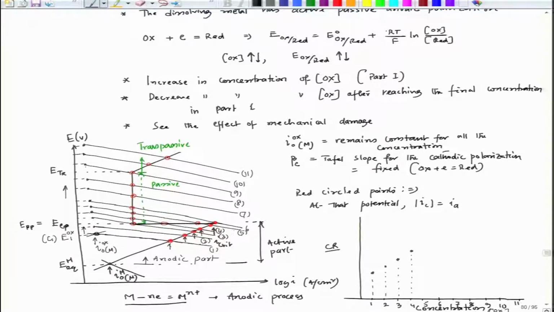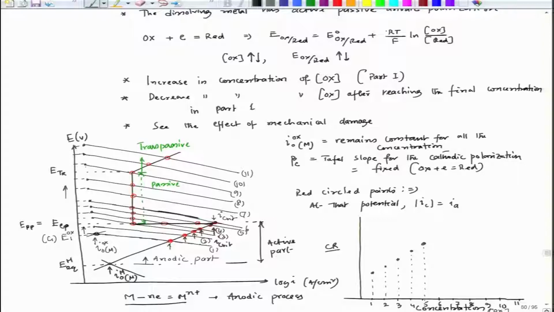So, 4 is this one, then 5 is this one. 5 is still further increasing, it has gone to this. Now, 6th, when the concentration has reached C6, this particular line we are considering is just crossing I critical.